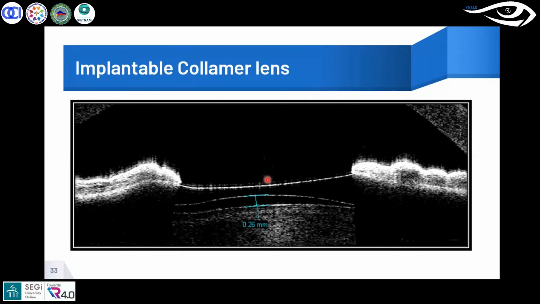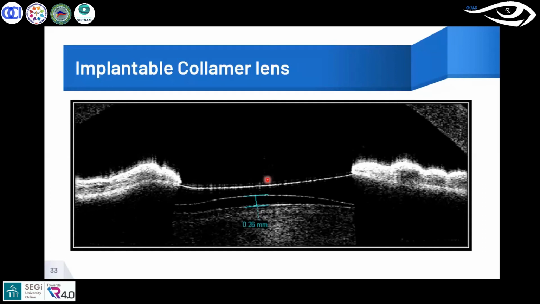This is very necessary because you have to measure whether there is going to be any rubbing of the ICL with the existing crystalline lens. When there is rubbing, it could lead to cataract, and sometimes glaucoma in the upcoming days when there are very extreme complications.